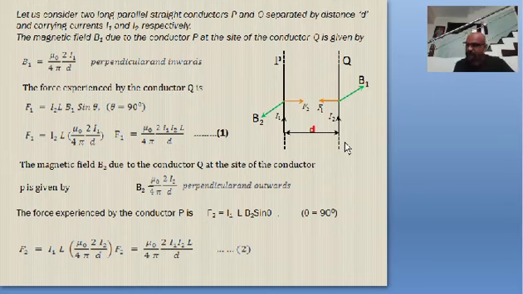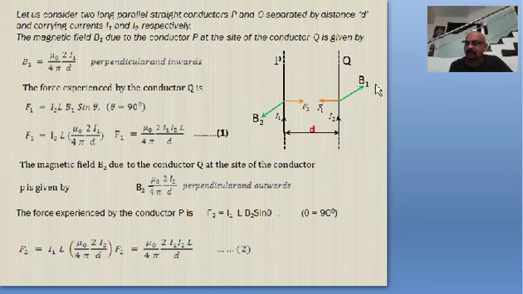Now coming to the magnetic field in the region of the conductor Q due to the conductor P. I repeat, the magnetic field in the vicinity of the conductor Q, or at the site of the conductor Q, due to the conductor P carrying the current I1. That means B1, we are speaking of B1 here.